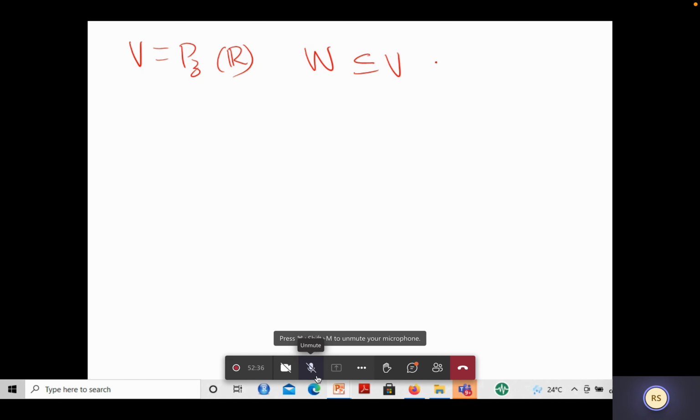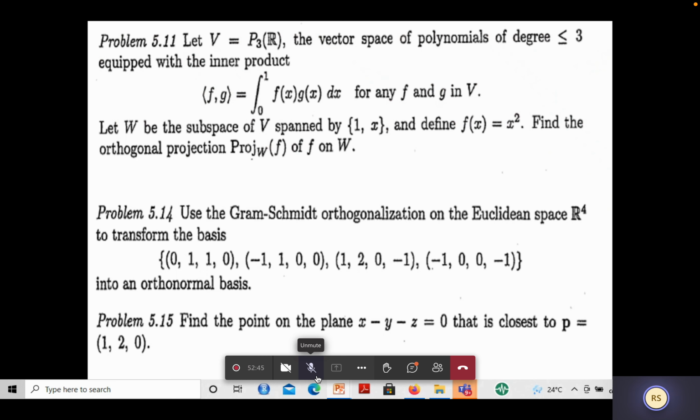What is V? P3 of R is the set of all polynomials of degree less than or equal to 3 with coefficients from the real numbers. And W is a subspace of V spanned by 1, x. So what is the inner product defined on V?